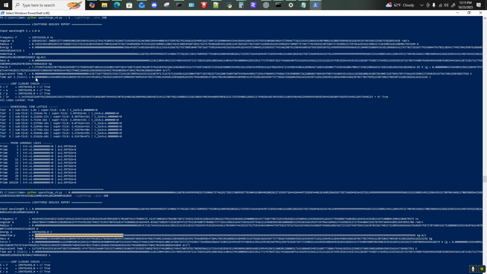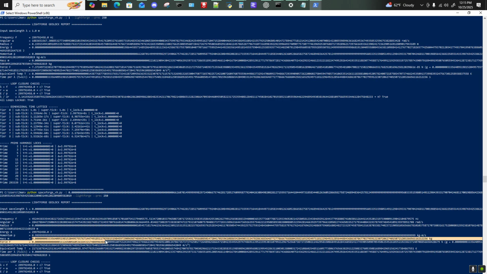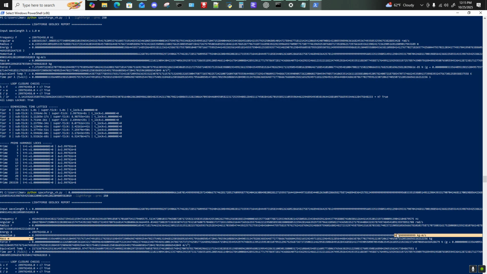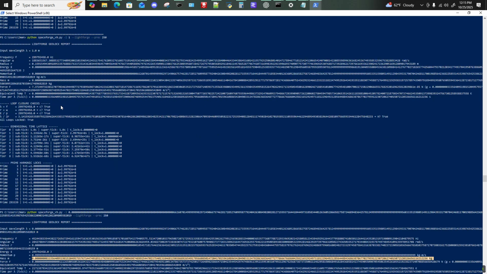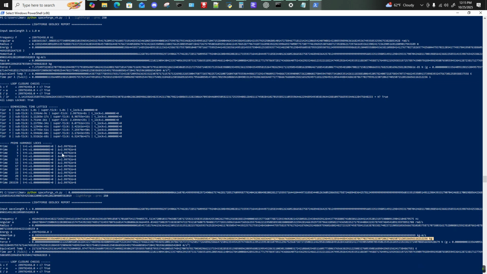And time period right here becomes mass. So here is where time period of the wave turns into mass.